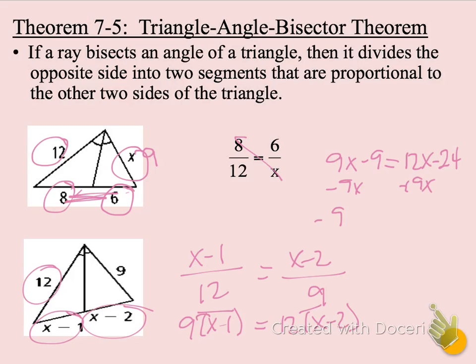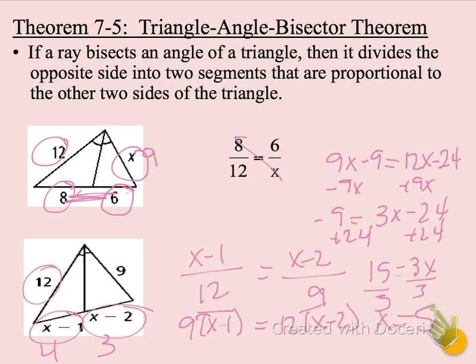So I'm going to subtract 9x, get 3x, add 24. So x equals 5, so this length is 3, and this length should be 4. Okay, so it's just a different type of way of making proportions.